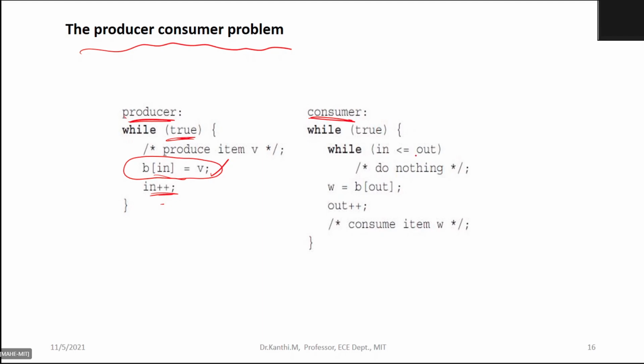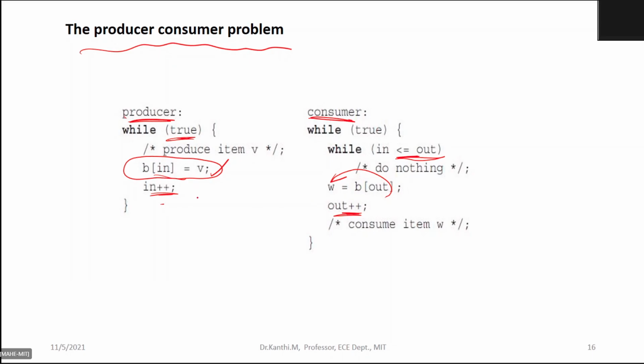The consumer, you just check whether I'm able to get the value. If it is available, then you get the value and load it in a variable W and send it. You output.